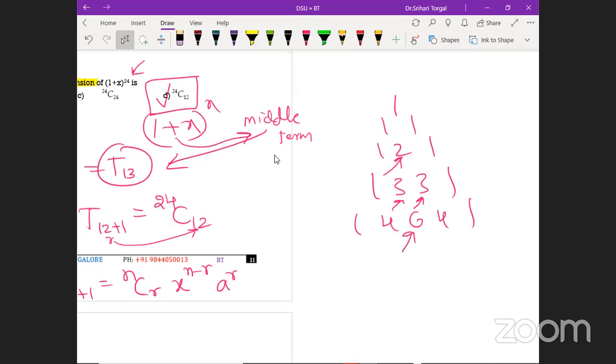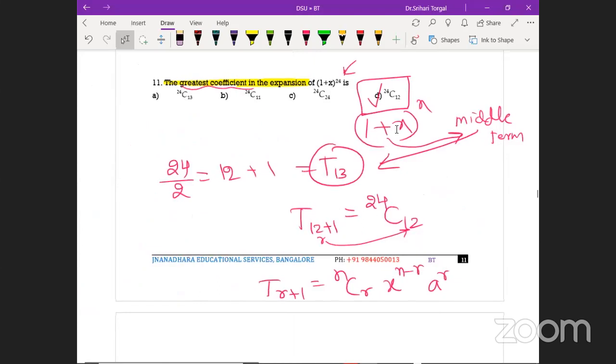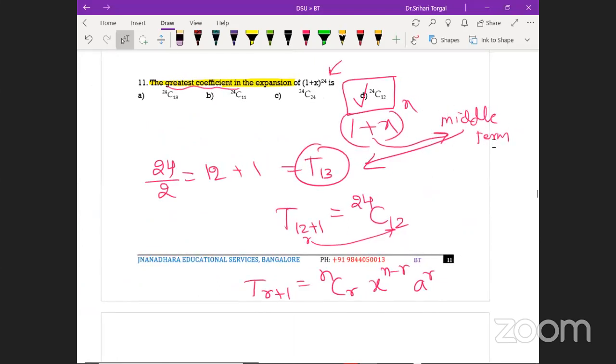See here, this is the biggest. So the greatest term will always be in the middle term. I have to find out the middle term here. The middle term is T13. So T13 is 24C12. No need for further calculation. You can decide here only.